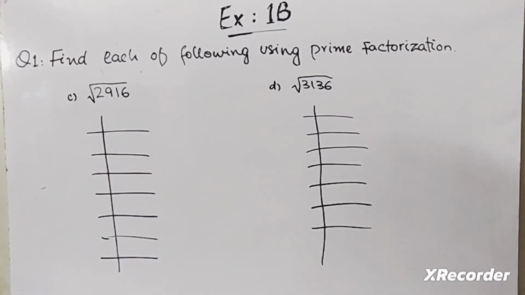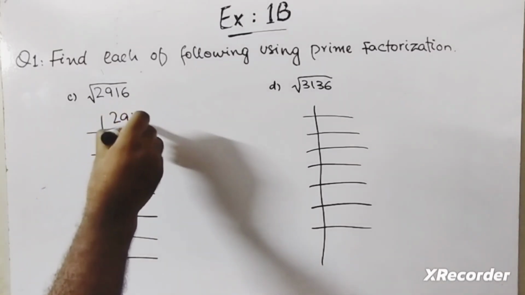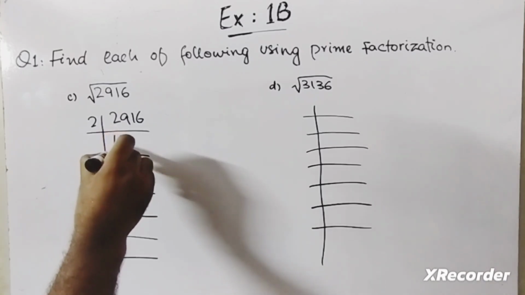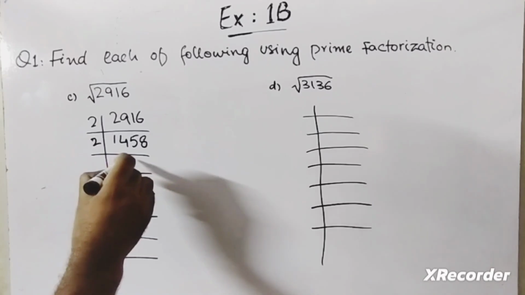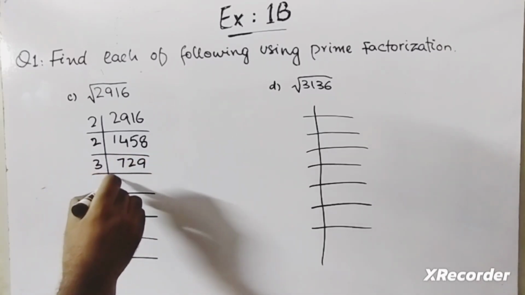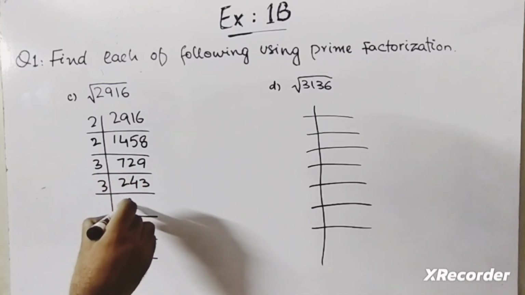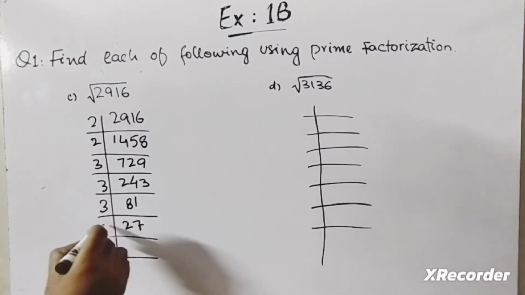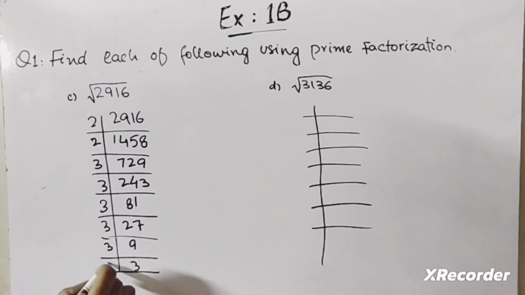Now come to part C, square root of 2916. So we take the LCM of 2916, like that. This is an even number, so we can divide by 2, again with 2 we get 729. Now for 3 we get 243, again with 3 we get 81, again with 3 we get 27, again with 3 we get 9, and for 3.